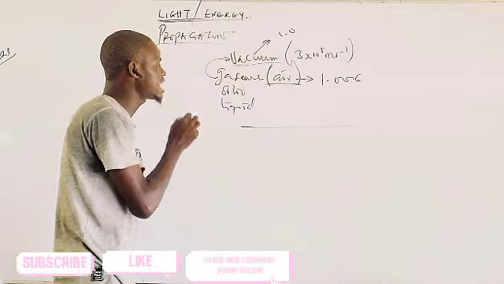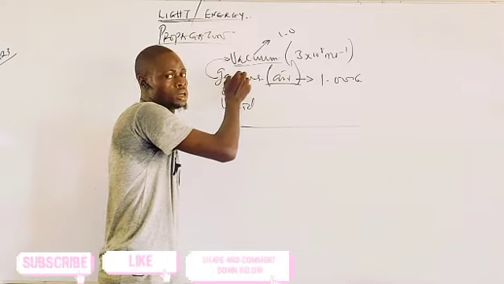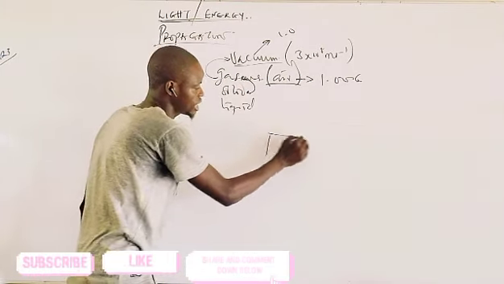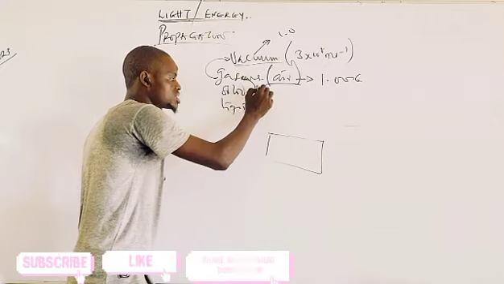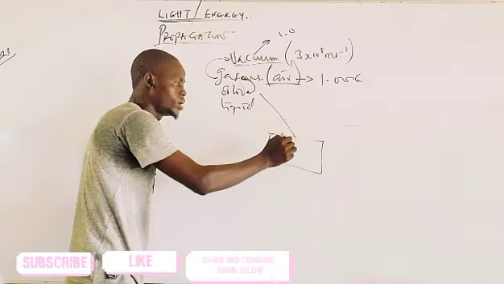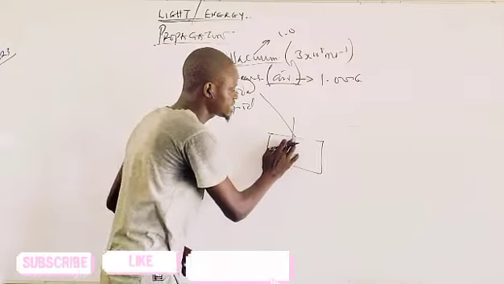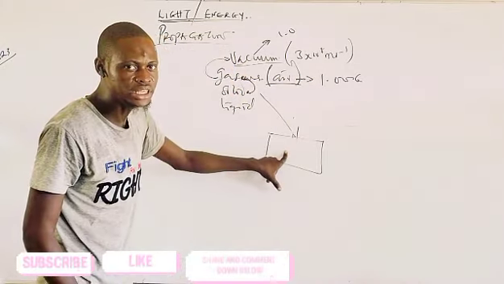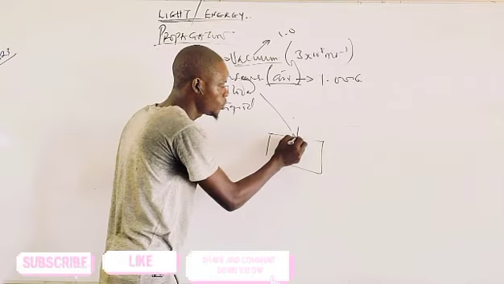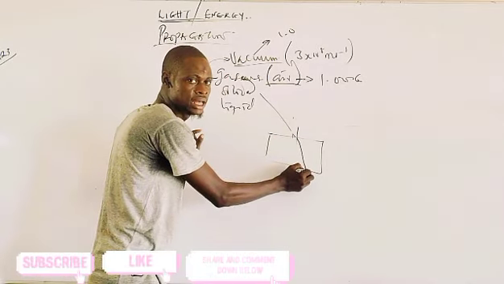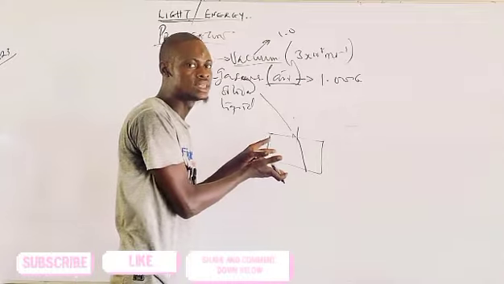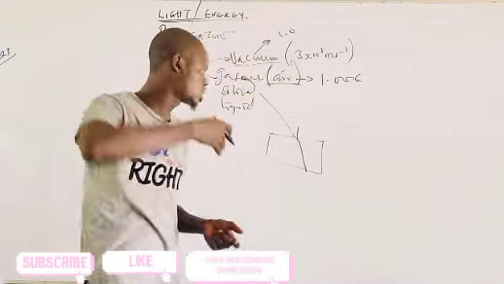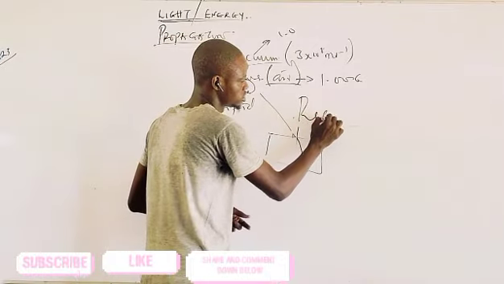But when it gets to an interface between air and another medium, such as a glass block, light tends to bend. The process by which light bends when it moves from one medium to another is what we call refraction.